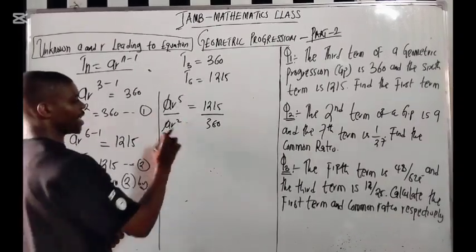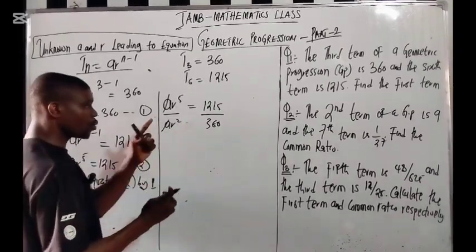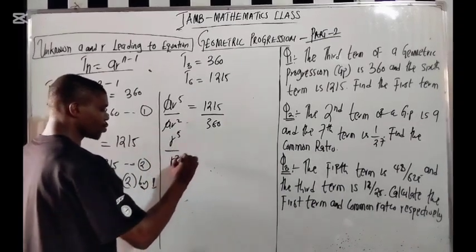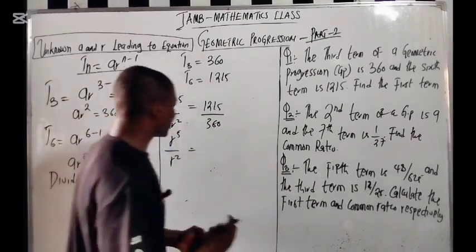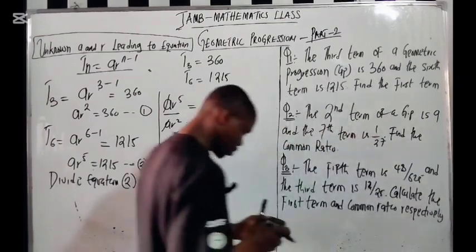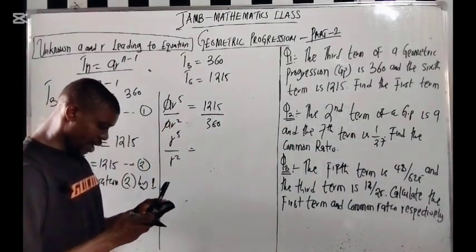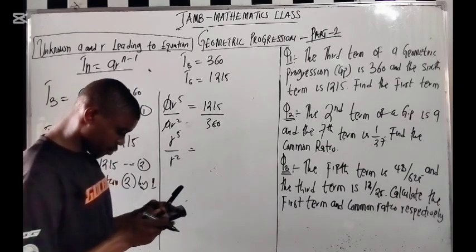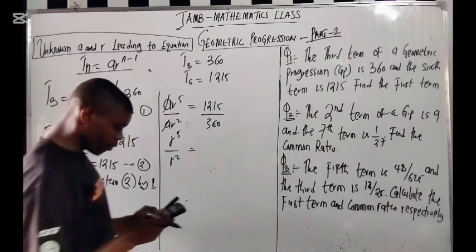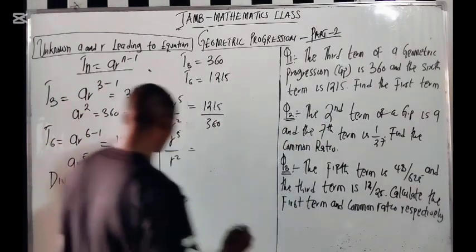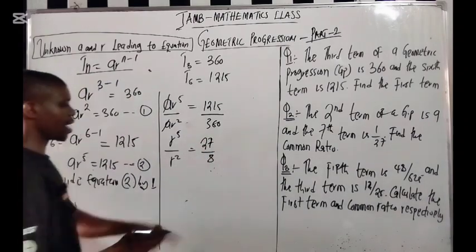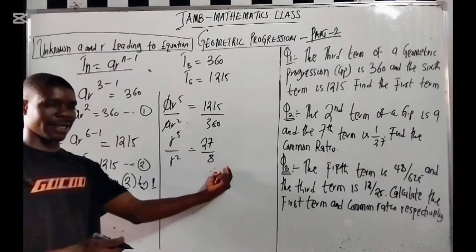So what I'm going to get is r to the power 5 over r squared equals 1215 divided by 360. 1215 divided by 360 is 27 over 8. Can you see that? 27 over 8.